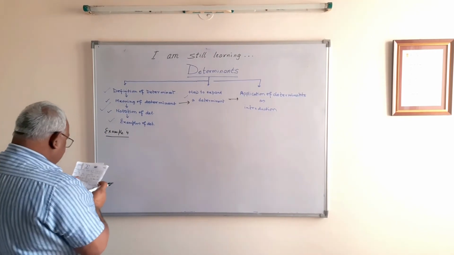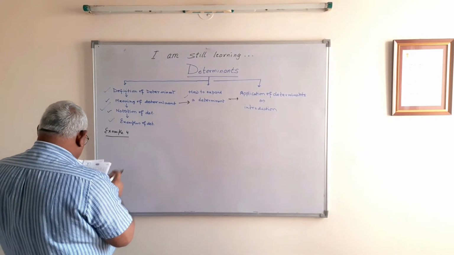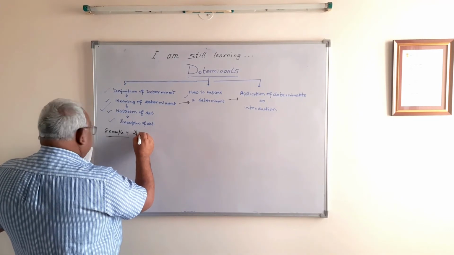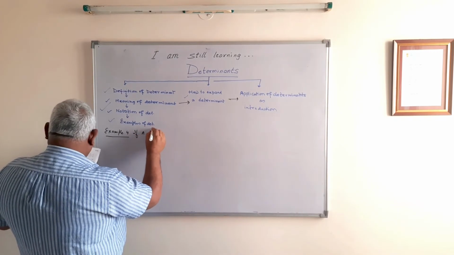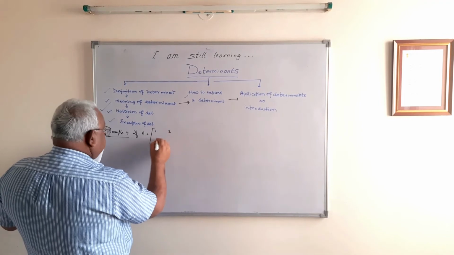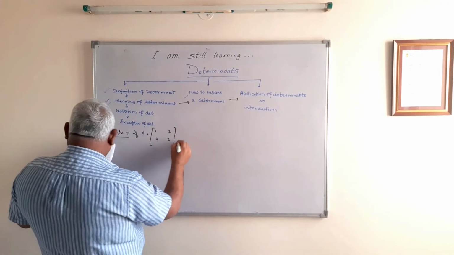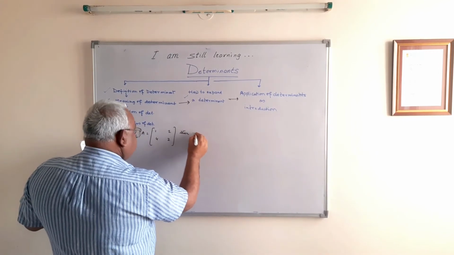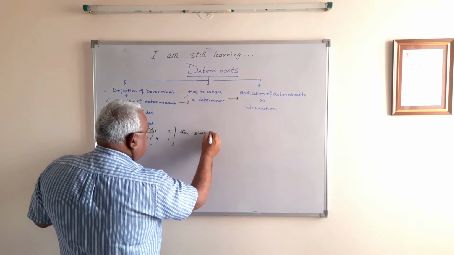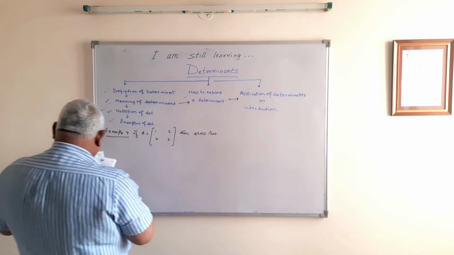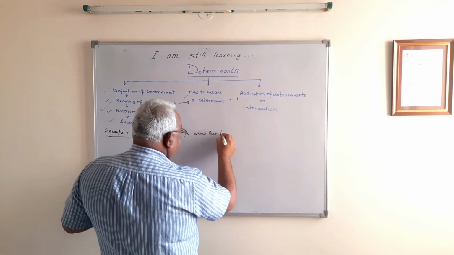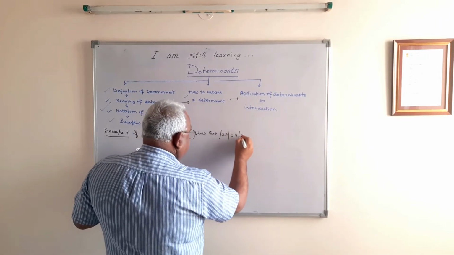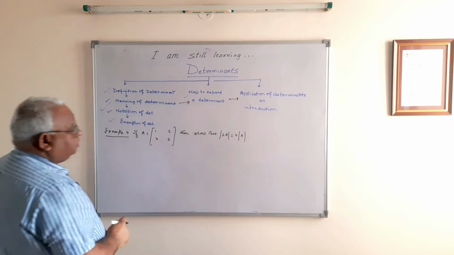So the question is, if A is equal to the matrix 1, 2, 4, 2, then show that the determinant of 2A equals 4 times the determinant of A. Be careful by this statement.